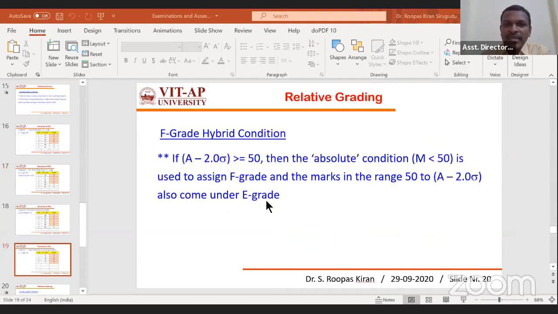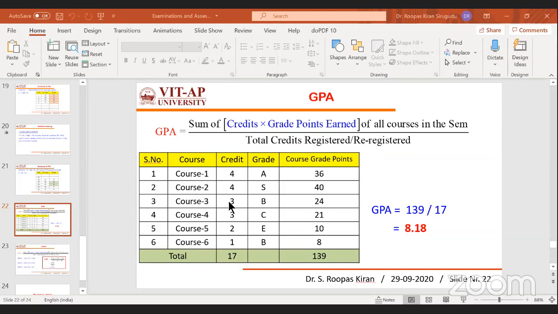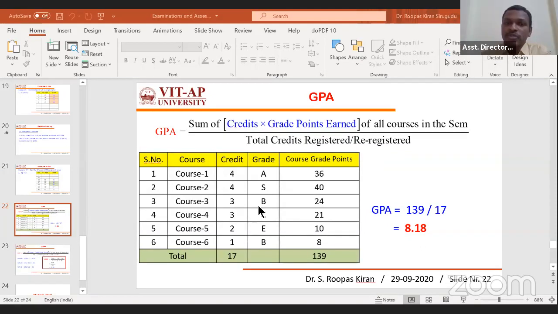So how will this grade be useful in the calculation of GPA and CGPA? A B grade has 8 points, so 3 into 8. If your grand total is lying in A grade, 3 into 9. So 3 marks in excess got added to the sum. If you are scoring A grade there, 3 into 9, 27.